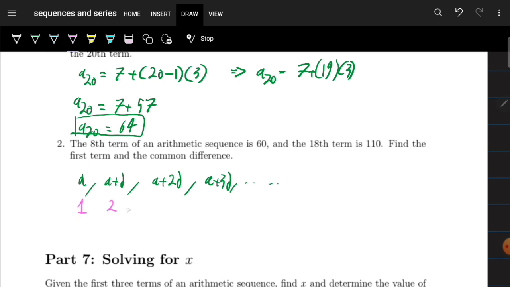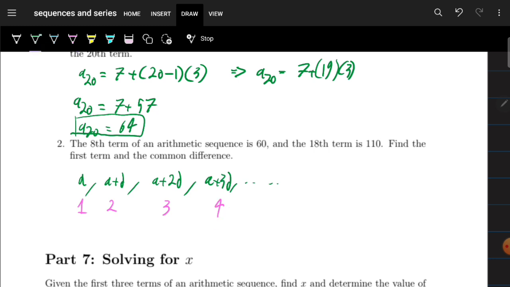This is the first term, this is the second term, third term, fourth term. We can notice a pattern here. All of them have A's, first of all. Now the third term has 2D, the fourth term has 3D, and whichever term we have, we're just going to have one less than that number of D's.